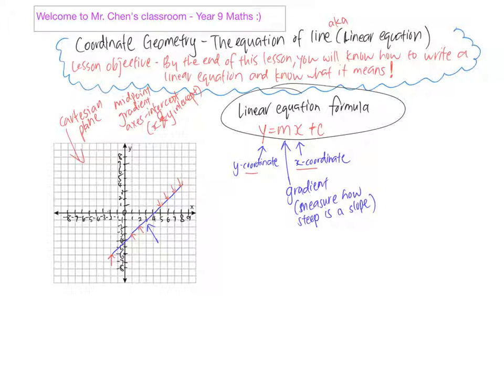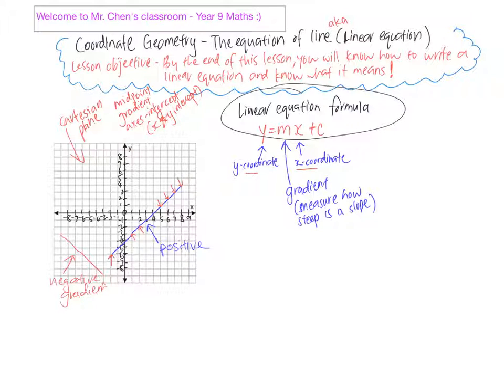Obviously the higher the number, the more slopey it is. And remember, we have a positive gradient and a negative gradient. A positive gradient is like one of these. The negative gradient is one that goes down.